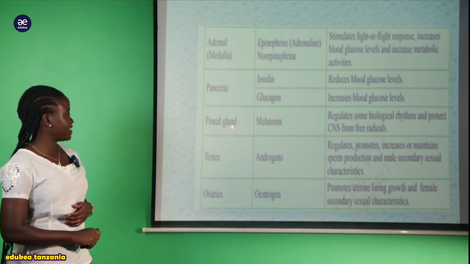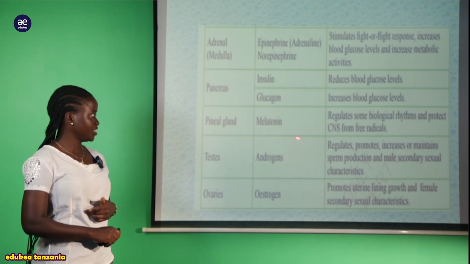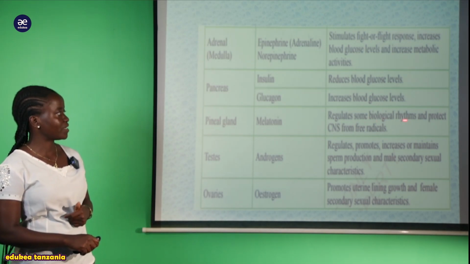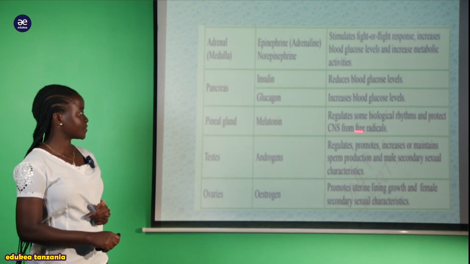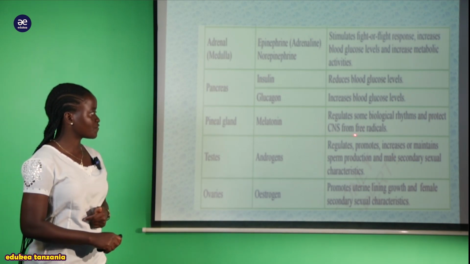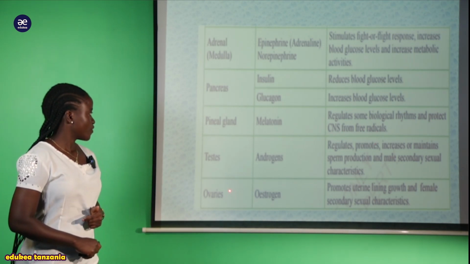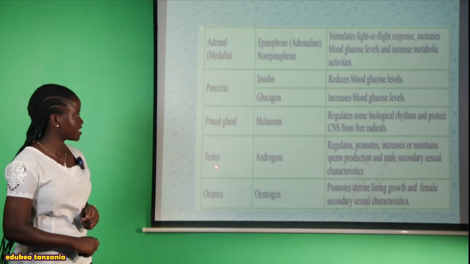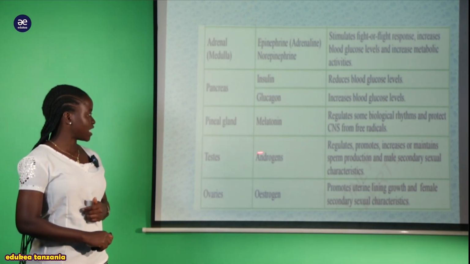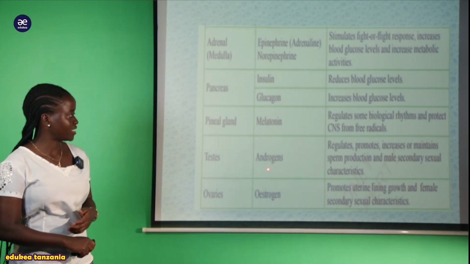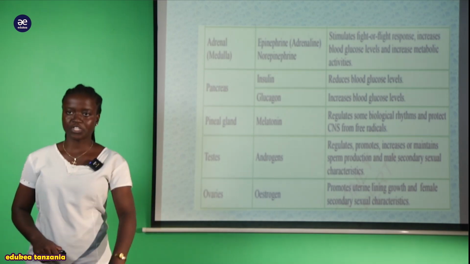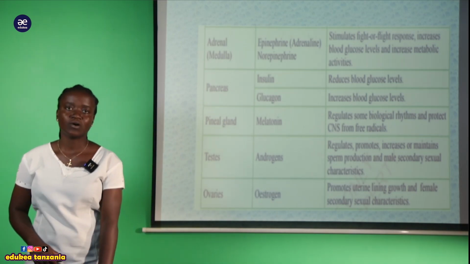And also we have a pineal gland, that is melatonin, which helps in regulating some biological rhythms and protects the central nervous system from free radicals. We have testes. These testes are found in the males. They produce androgens, including the testosterone hormone.